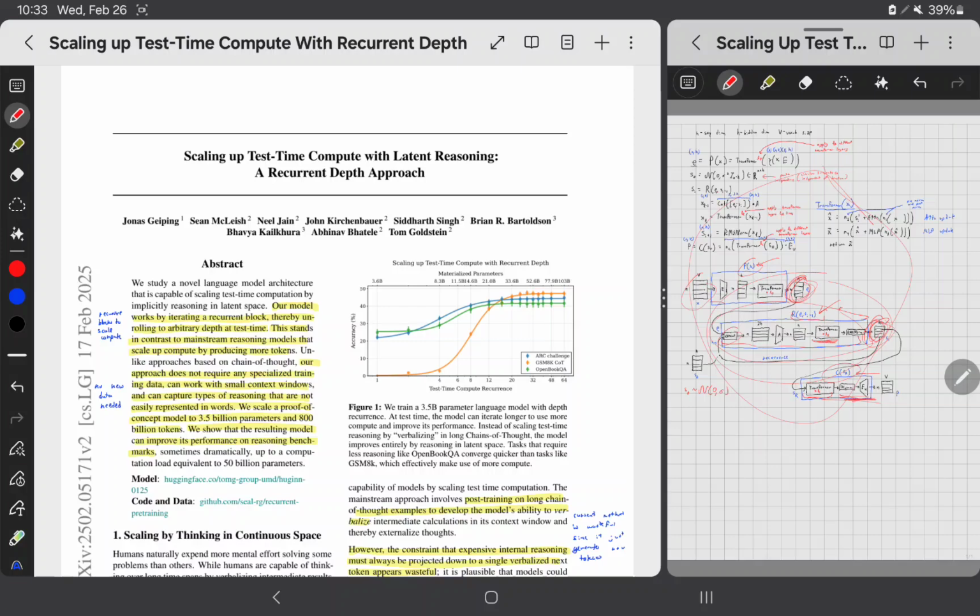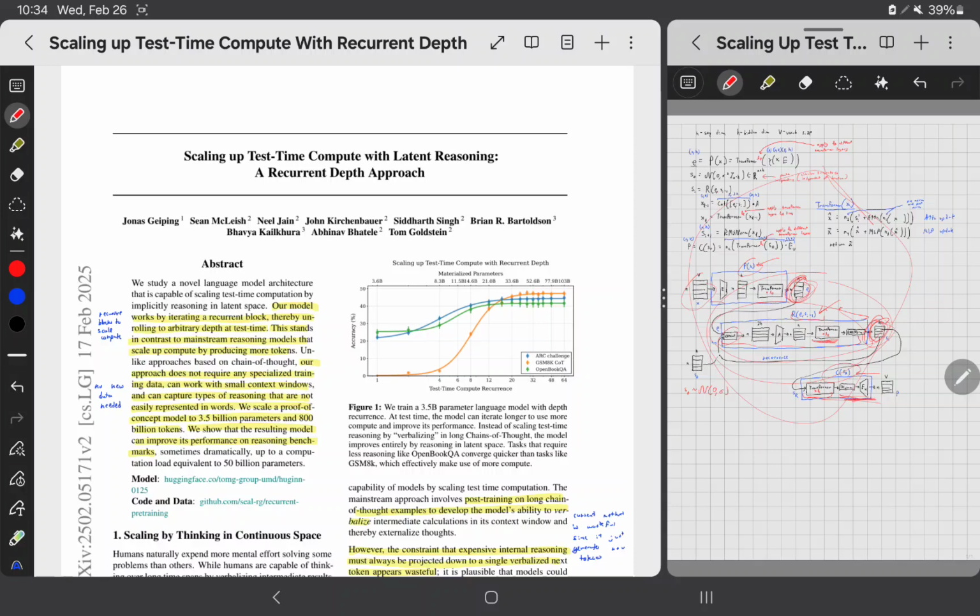Like the number of recurrence operations, what does that have to be instead of doing it randomly during training? Can you find a metric for R while you're training to, I don't know, maybe allow the model to figure out the number of iterations in a better way? Because it's weird to me that it can do fewer iterations versus more iterations for harder versus easier tokens, or rather it converges slower or faster.